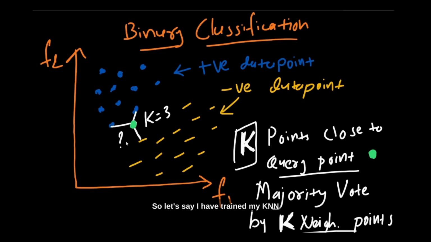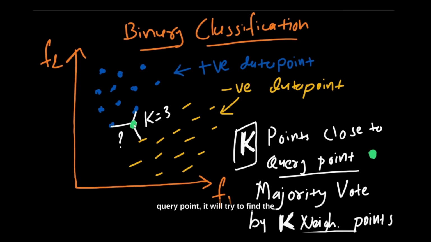So let's say I have trained my KNN algorithm with k equal to 3. Whenever we train a KNN algorithm, k is our hyperparameter, and we try to tune it to get the best accuracy on the training data set. Here in this example, I have taken k as 3.